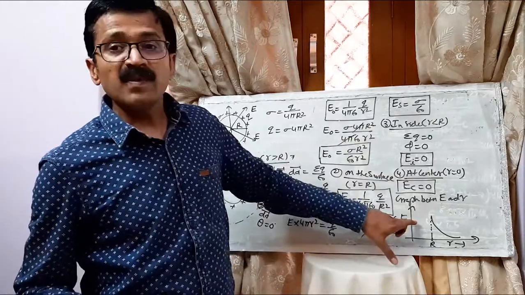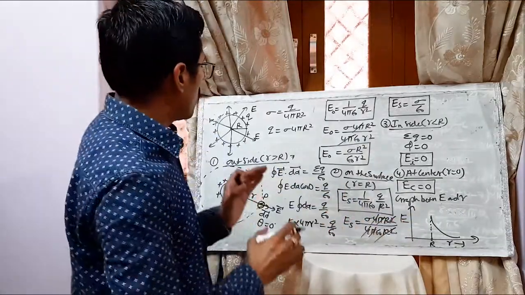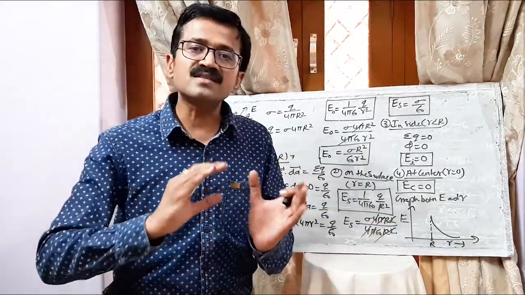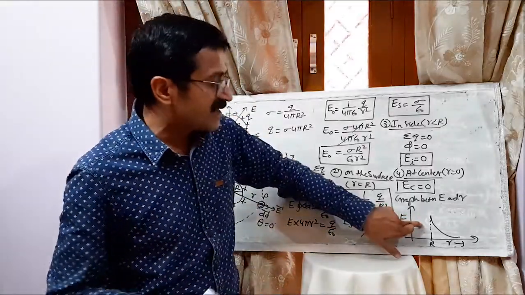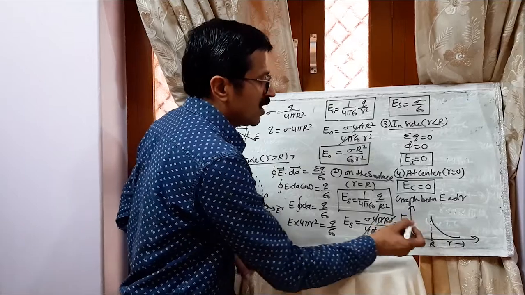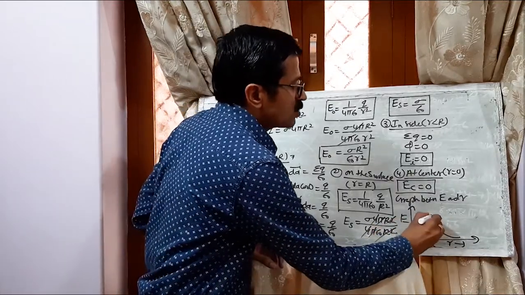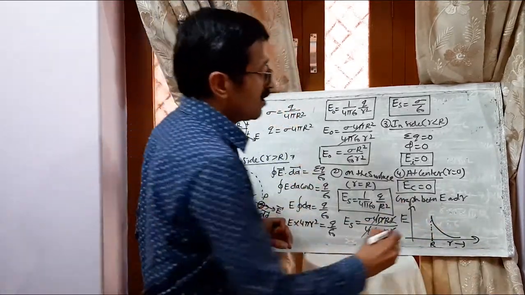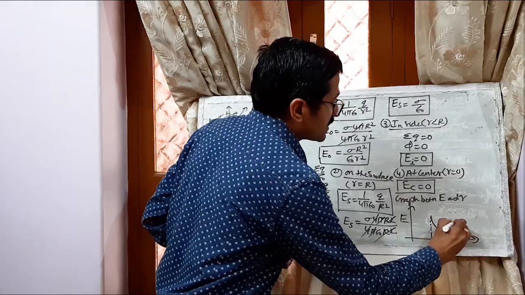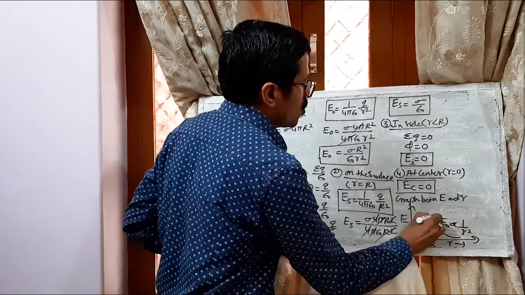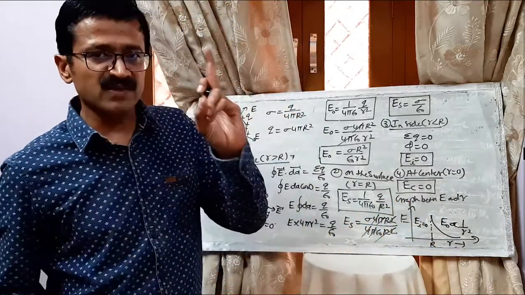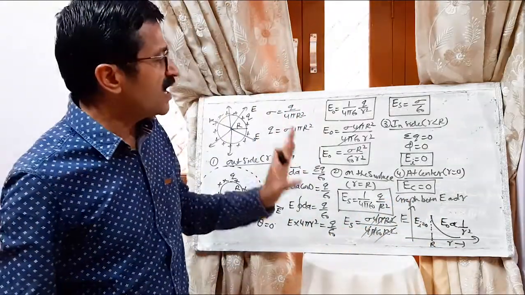This is the graphical representation of electric field intensity versus distance from center. Inside there is no curve because electric field is zero. Outside there is a hyperbolic curve because outside electric field is inversely proportional to the square of distance. Inside it is zero. It is maximum on the surface. Remember, it is maximum on the surface.